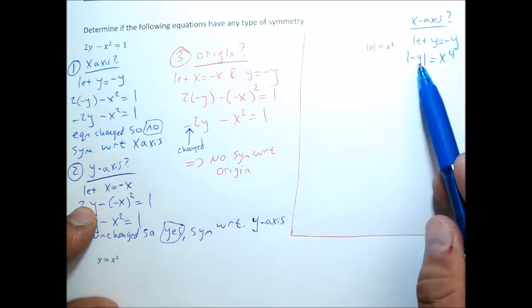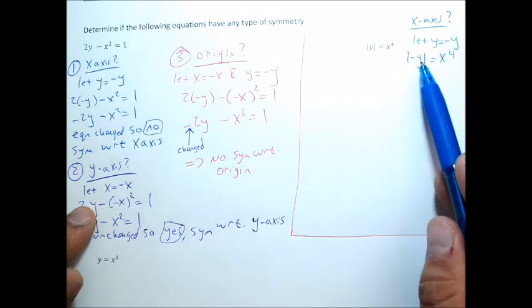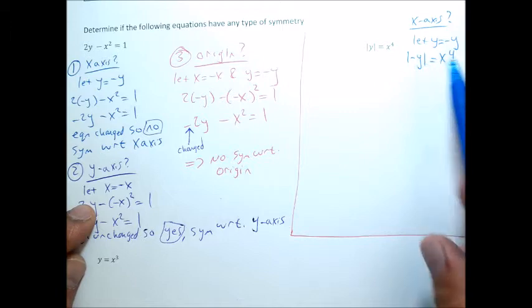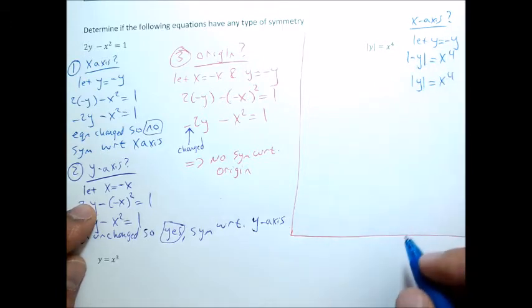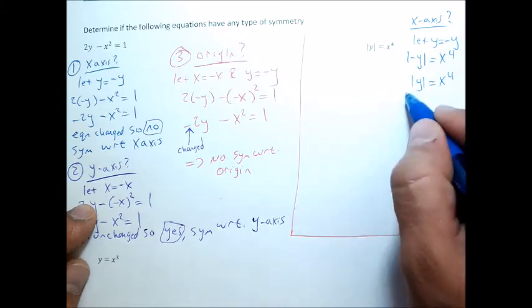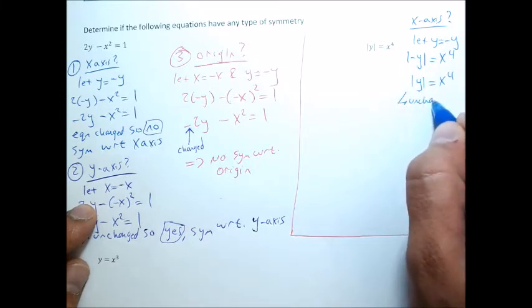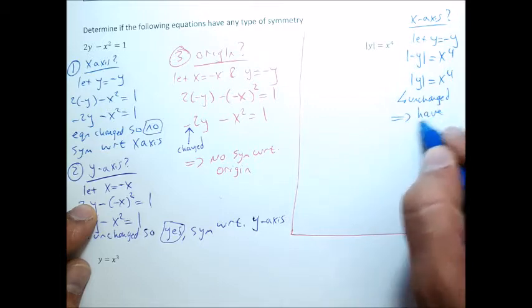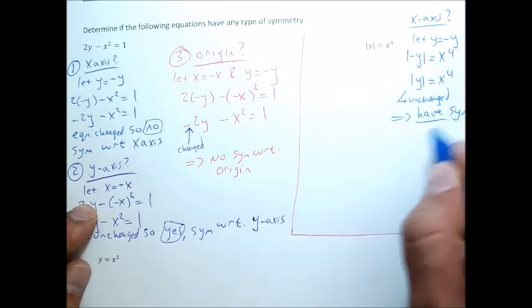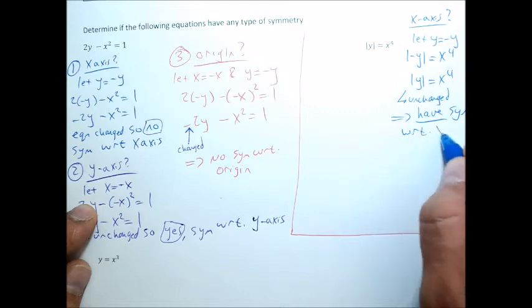And we know that absolute values also make things positive, just like squares make things positive. And so that is going to change it back to our original function. And so because this is unchanged, this means we have symmetry with respect to the x-axis.